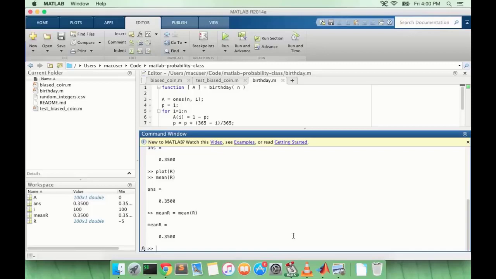We can then calculate the variance of R by taking R minus the mean of R. And so we want to do the dot product between these two, which is effectively squaring all the individual values and then multiplying by the corresponding value.